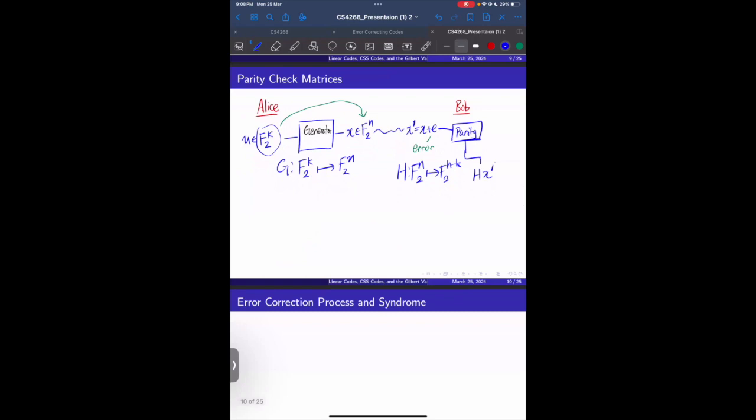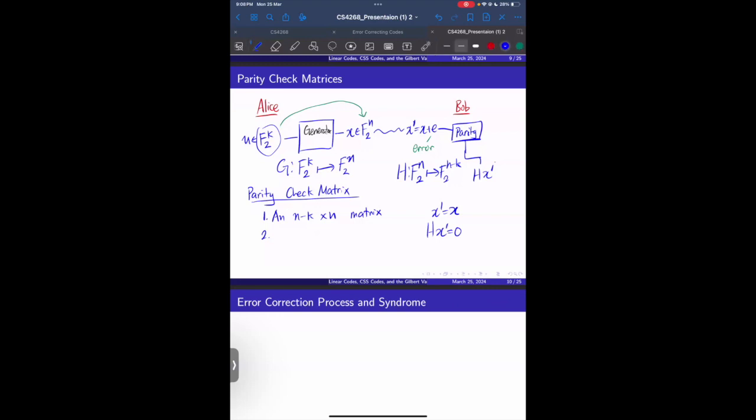So about the parity check matrix, we will see an example shortly. The parity check matrix is just an n minus k by n matrix, which tells you basically where the problem is. So if there's no problem, let's say x prime actually equals x, then we want that H of x prime equals 0.